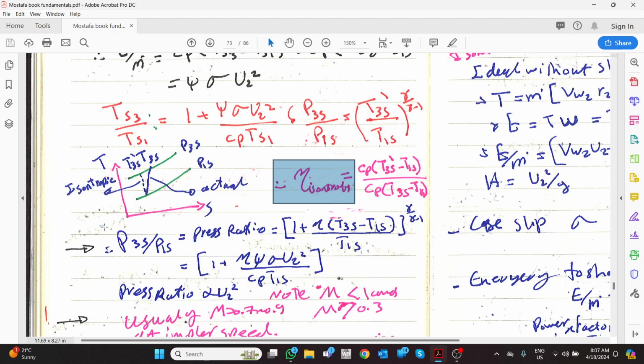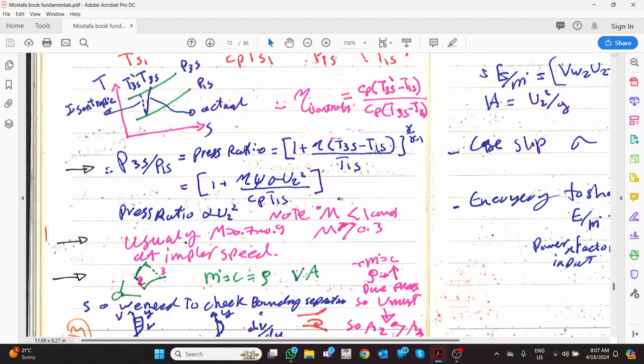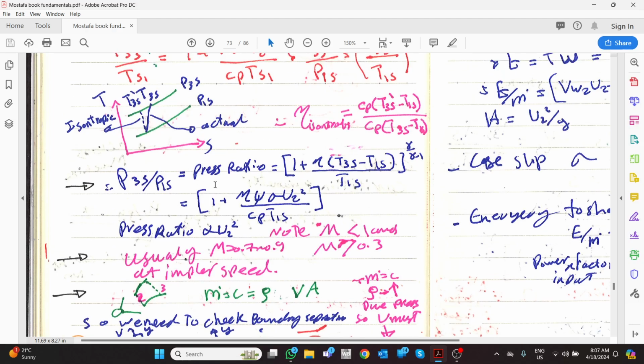Then you will reach that the pressure ratio between 3 and 1 is 1 plus eta psi sigma U2 squared over CB T1 stagnation, which means it is all constants for a certain compressor, which means the pressure ratio is a function of the square of the rotational velocity. You can manipulate the algebra, or you can use it this way or that way. It is not a big deal.